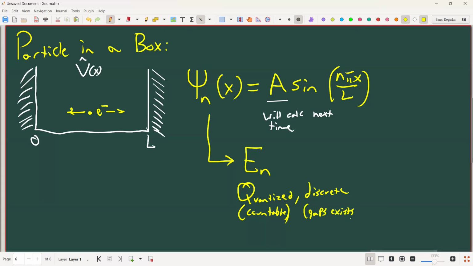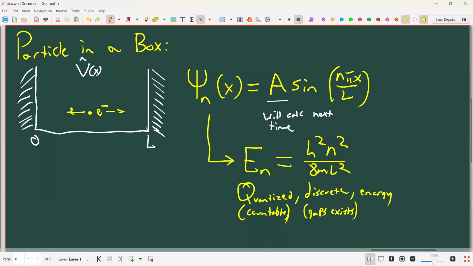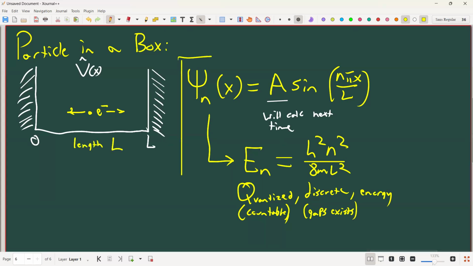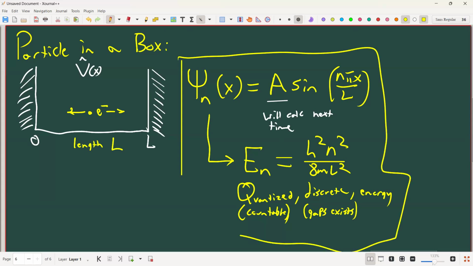Energies, and they're equal to h squared n squared over 8 m L squared, where the box has length L. All right. This is our first quantum mechanical problem.